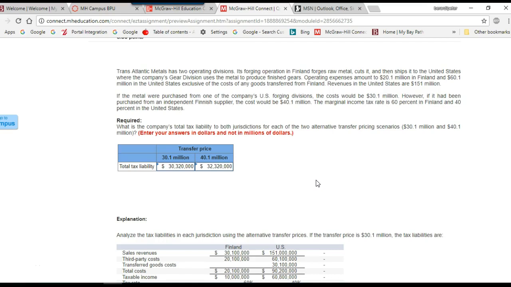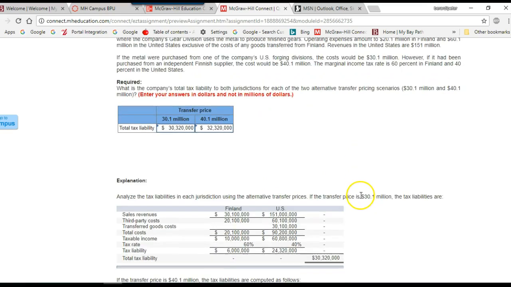Operating expenses amount to $20.1 million in Finland, which is what you want to put here as a third-party cost, and $60.1 million in the U.S. If the metal were purchased from one of the company's U.S. forging division, the cost would be $30.1 million, which is the transfer cost.